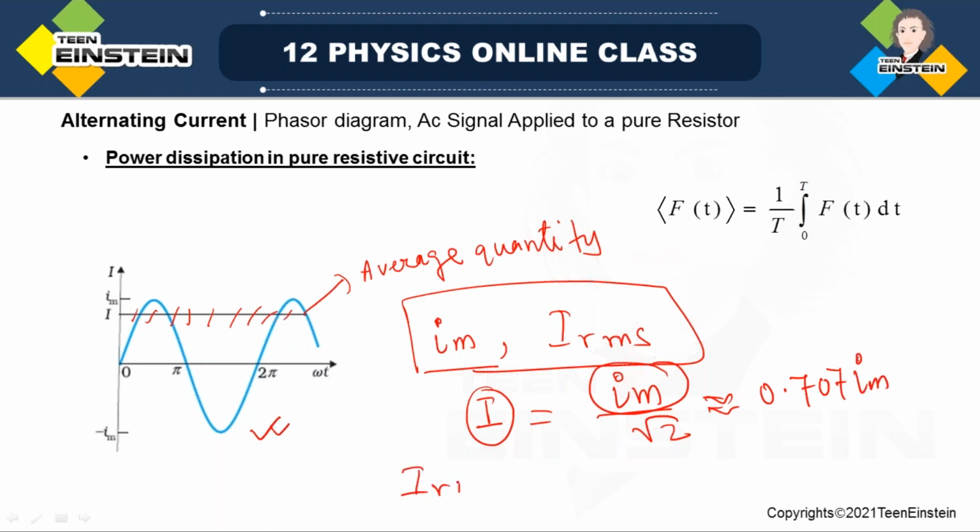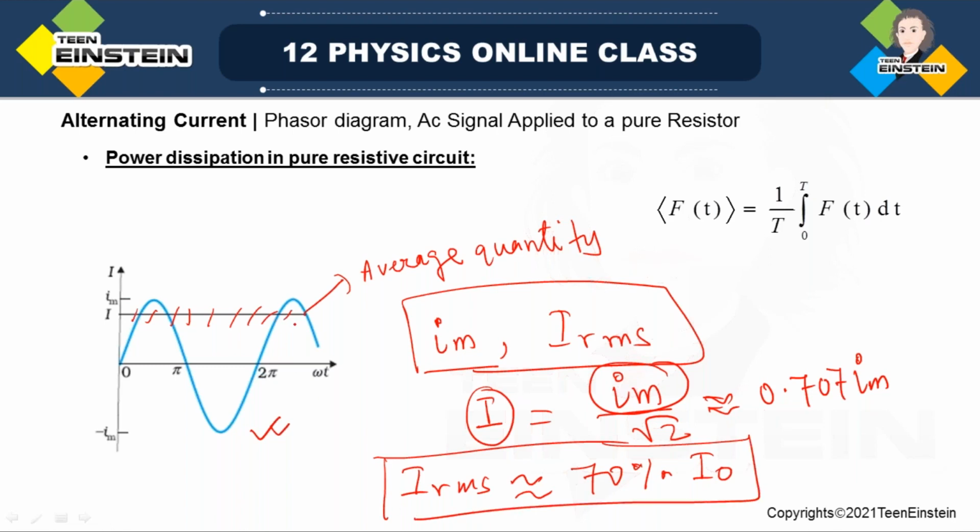That means the RMS value of the current will be nearly 70 percent of your I0, your amplitude. So the instantaneous value can be greater than your RMS value.